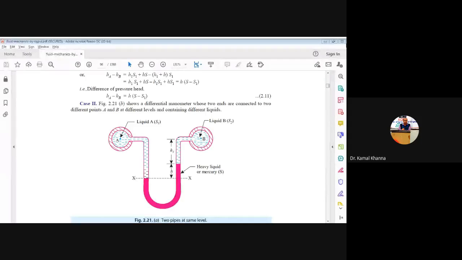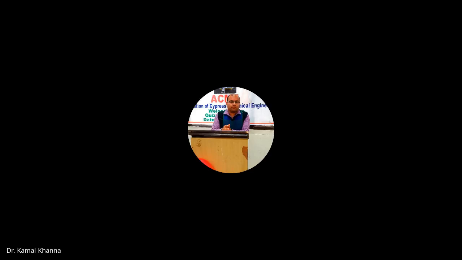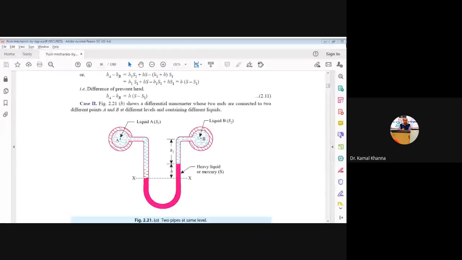As soon as the water enters from point A into the left limb of the U-tube manometer and oil from the right limb of the manometer, both will exert pressure on the heavier liquid. But you can see that on the left limb the liquid falls more, whereas in the case of the right limb the liquid rises.